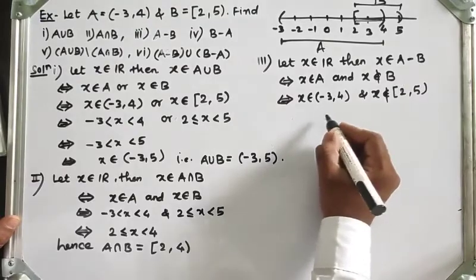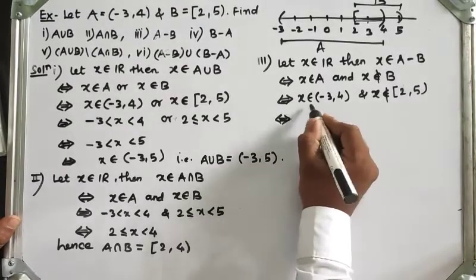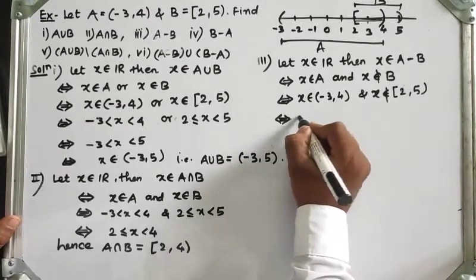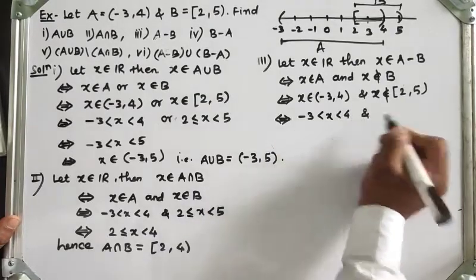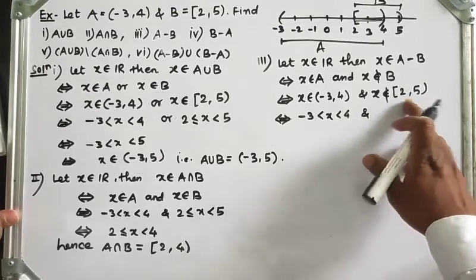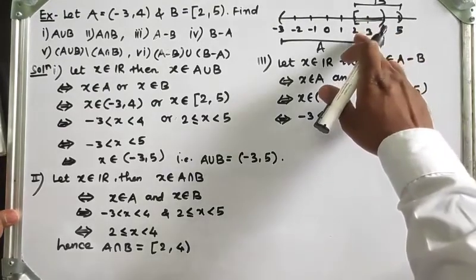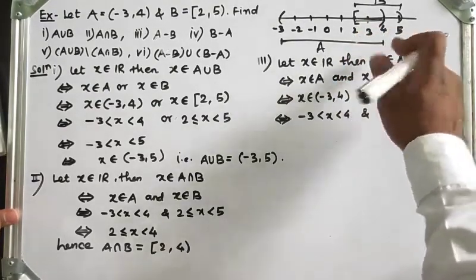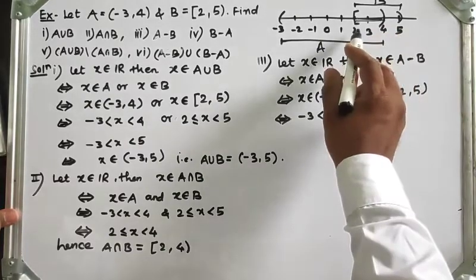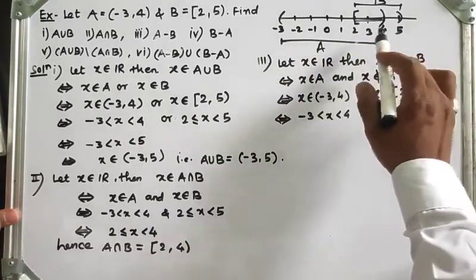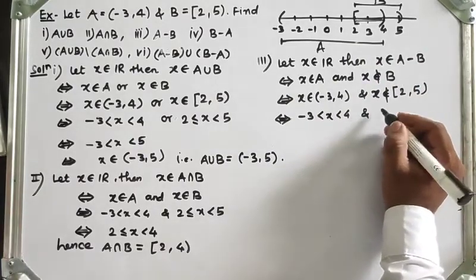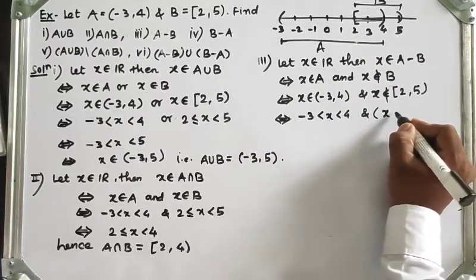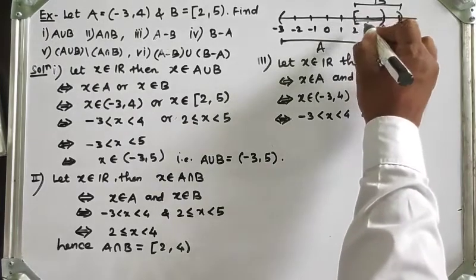So if and only if x belongs to -3 to 4, it means -3 less than x less than 4, and x does not belong to 2 to 5, meaning x should not be in this set, right? It means x should be strictly less than 2 or greater than 5. Here the interval is closed, right?